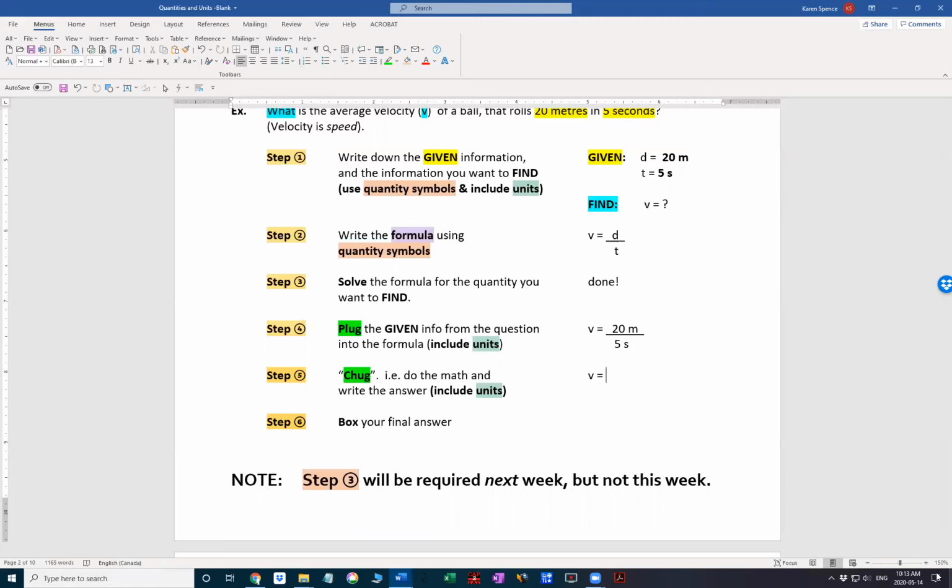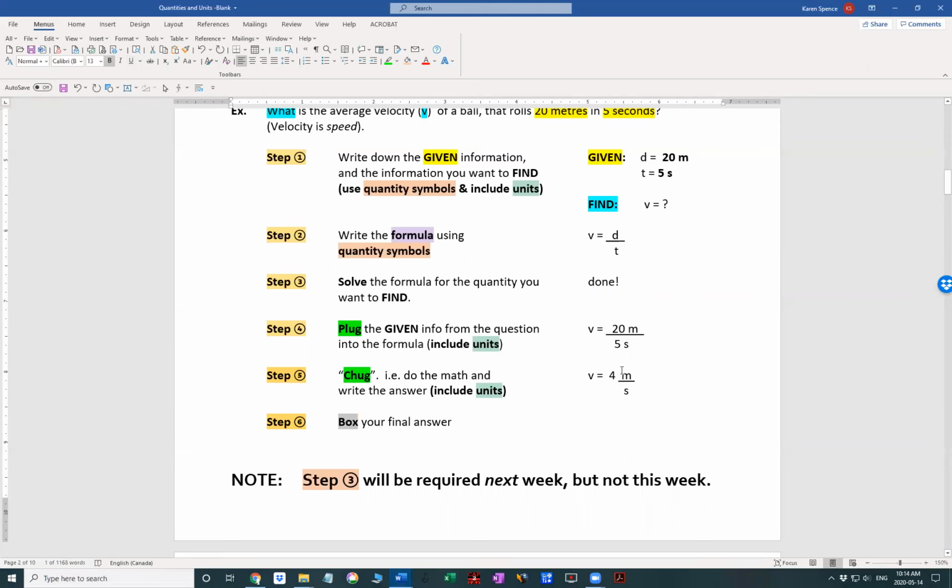I'm going to use my brain calculator because I know that that is 4. And my unit is the meter per second.